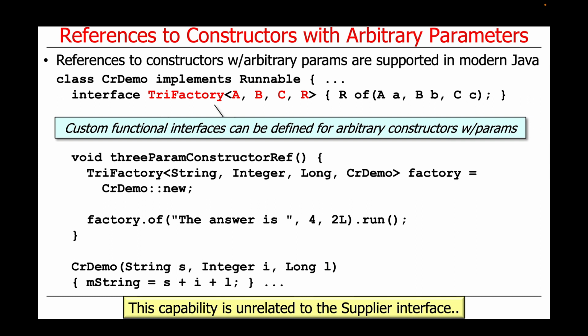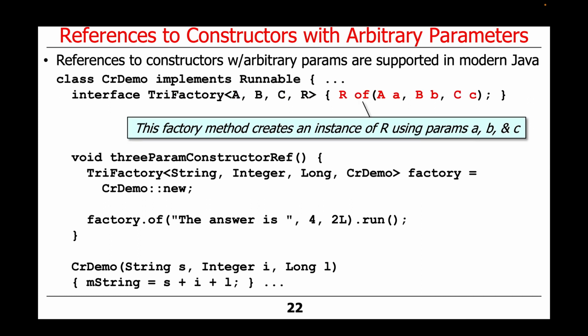To demonstrate this, we're going to define an interface called TriFactory that's going to take four generic parameters. A, B, and C are the parameters passed to the of factory method, and R, of course, is the return type. The of factory method creates an instance of R using those generic parameters A, B, and C.